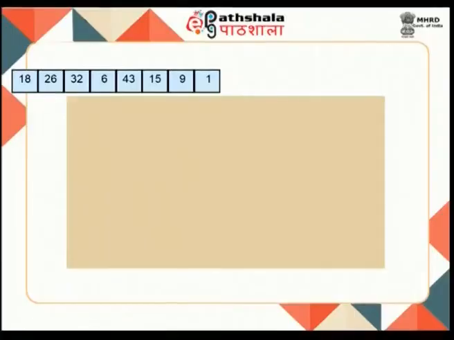Let us take a small numerical example to see the psychology of this divide and conquer. Let us assume that we are given an array that needs to be sorted. So you can see very well the given array consists of 8 elements.